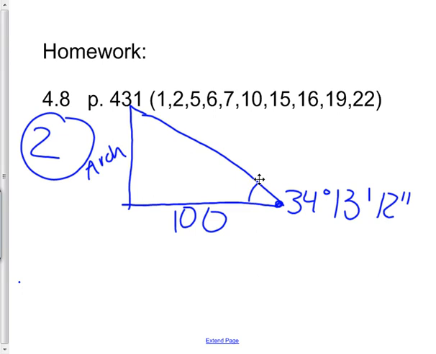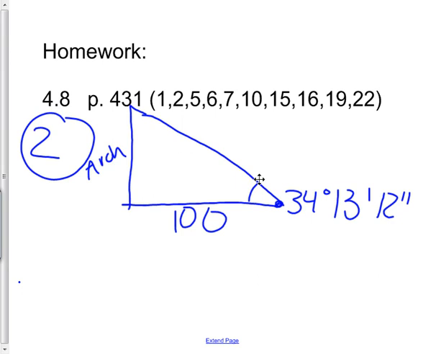Then you're going to type in 13. So you're going to go 34, second, angle. It's the alpha. Yep. So then if you type in 13, then you need to go back to your angle button and go to 2 because that's your minutes. And then type in 12.